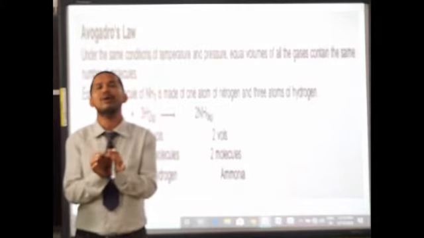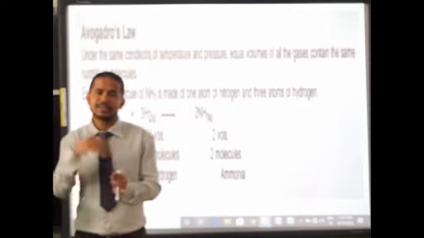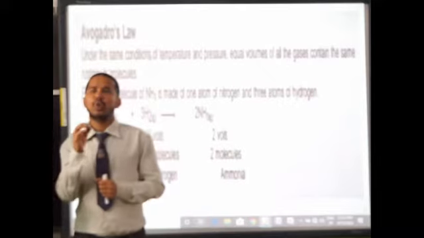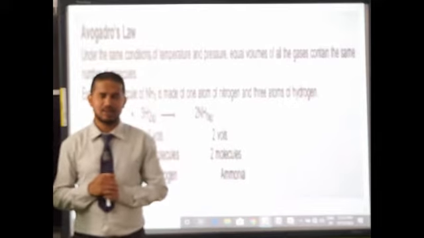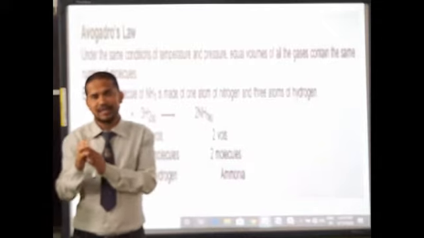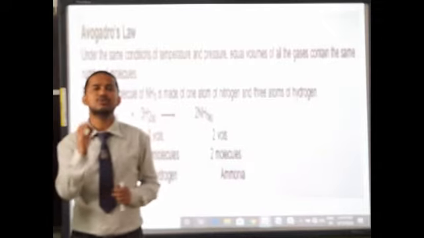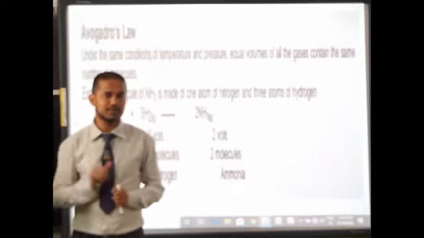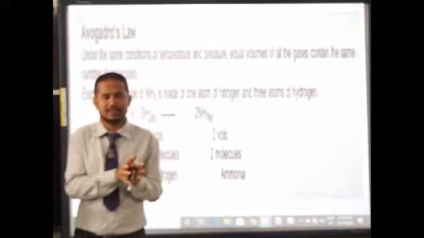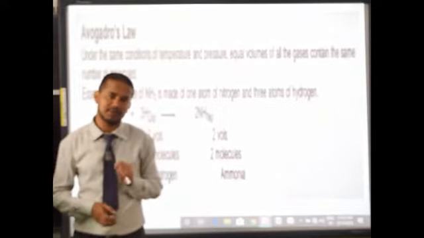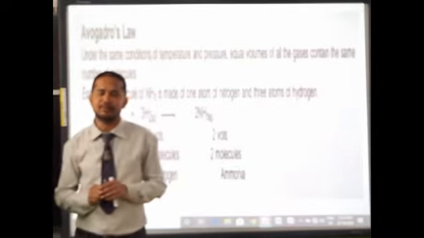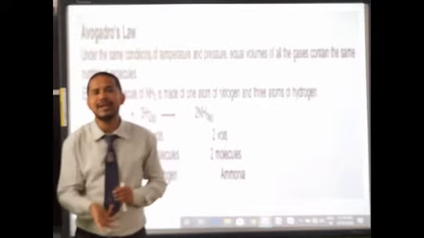For example, if 1 liter of hydrogen gas contains 6.02 into 10 to the power 23 molecules, then 1 liter of nitrogen gas also contains that many number of molecules. 1 liter of oxygen gas also contains that many number of molecules. 1 liter of ammonia gas also contains.